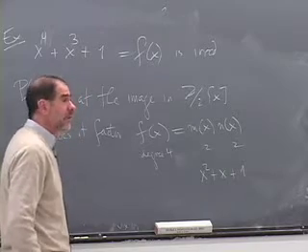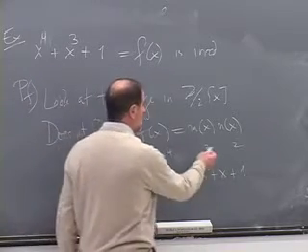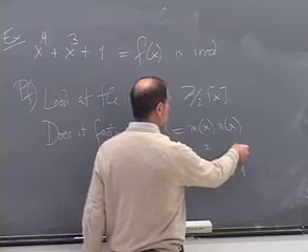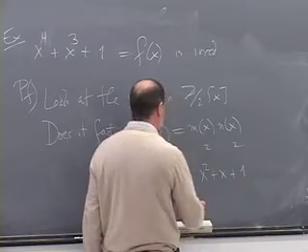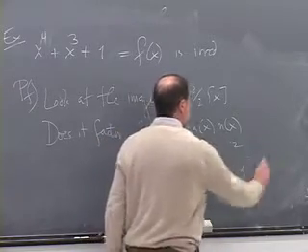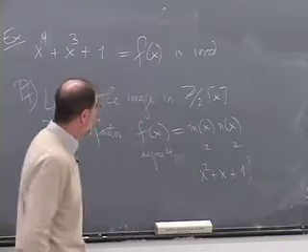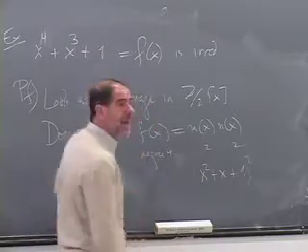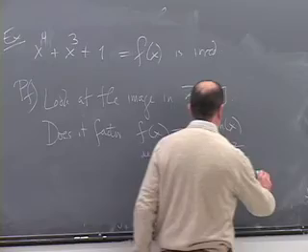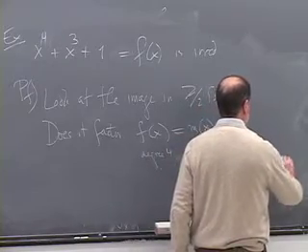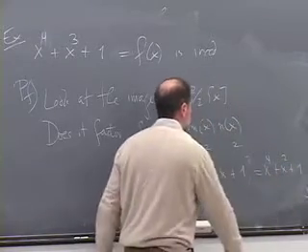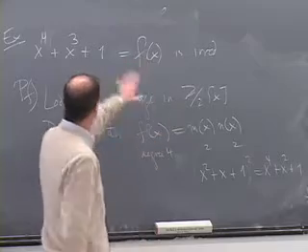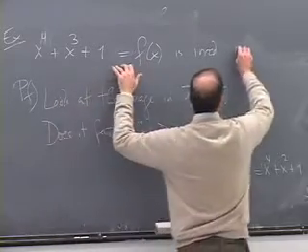The answer is no, because if it divided it, you'd be left with something else of degree 2. So the only possibility is you'd have to square this polynomial, right? But the square of this polynomial is, in fact, x to the 4th plus x squared plus 1. So it's not equal to this. So this is irreducible in Z[x].